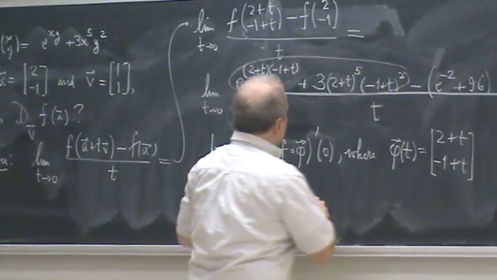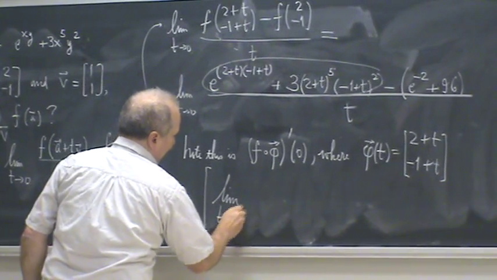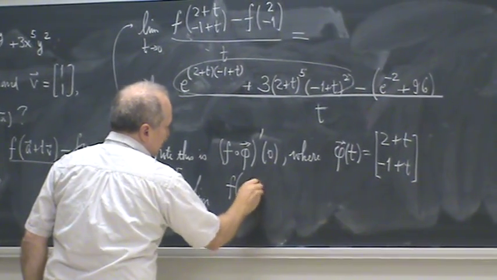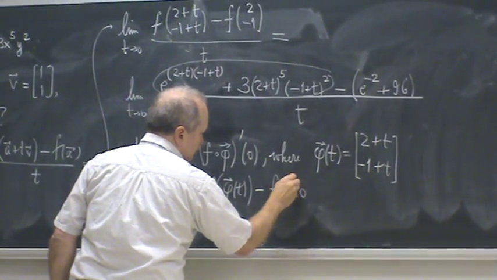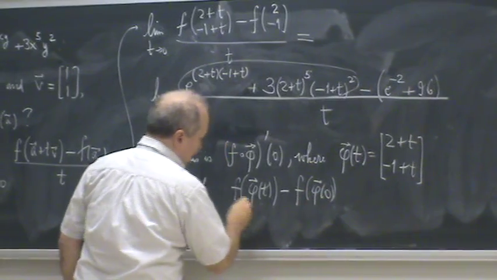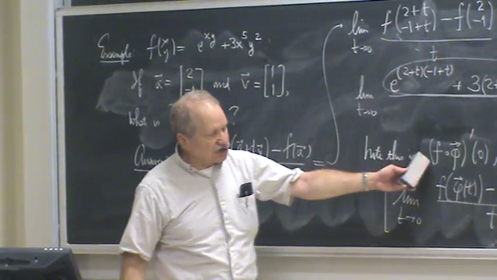So this thing is f at phi of t minus f at phi of 0, that's the point A, over t. Does that not look like a derivative of the composition?